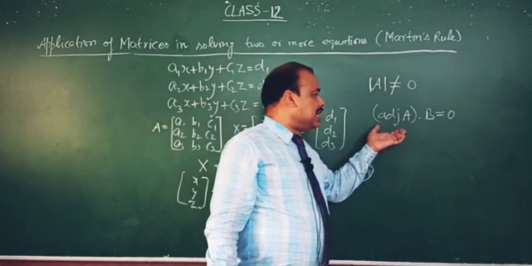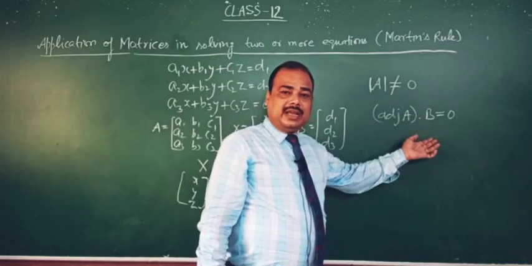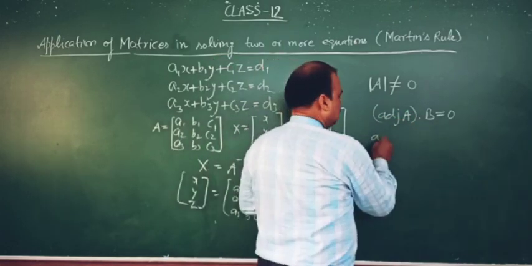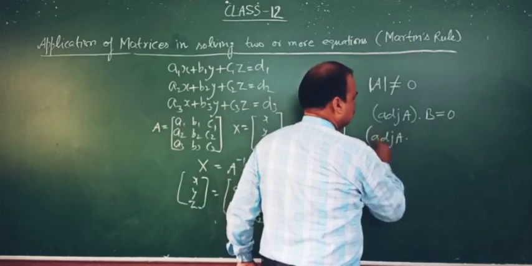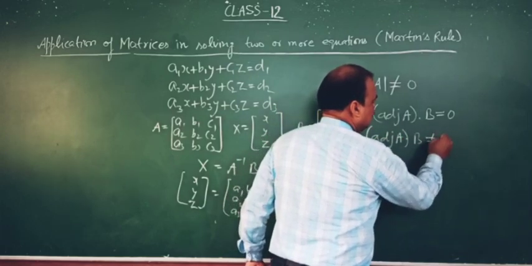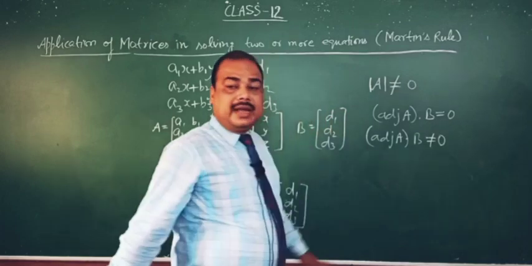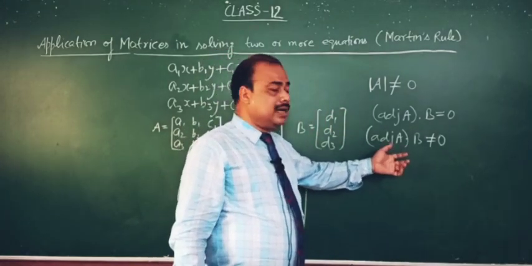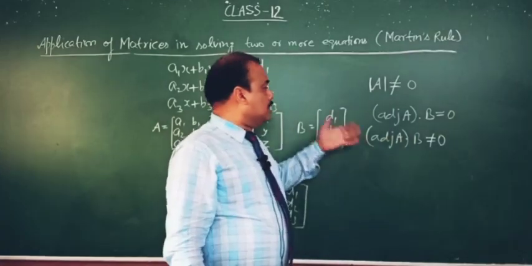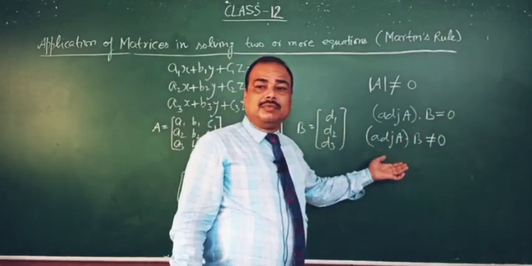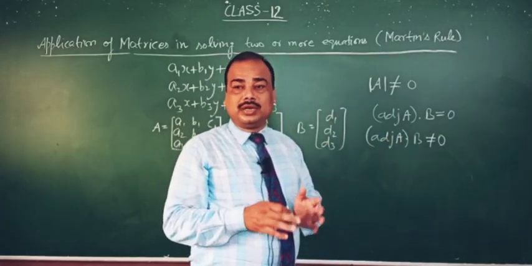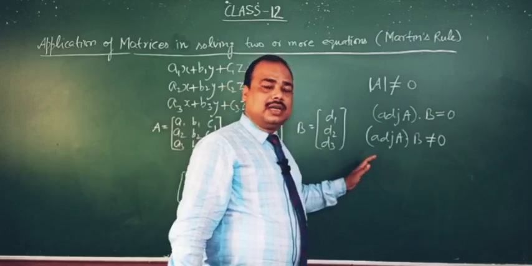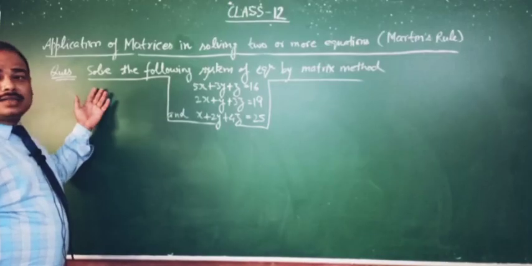But if adjoint of A into B is not equal to 0, then that type of system is called inconsistent, and this system will have no solution. Understood?